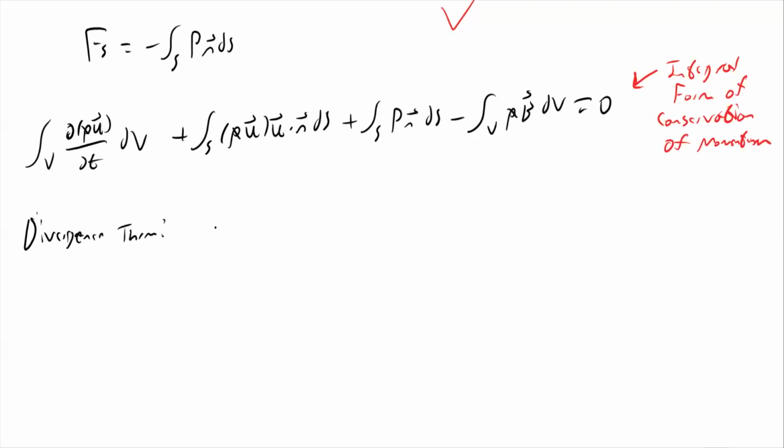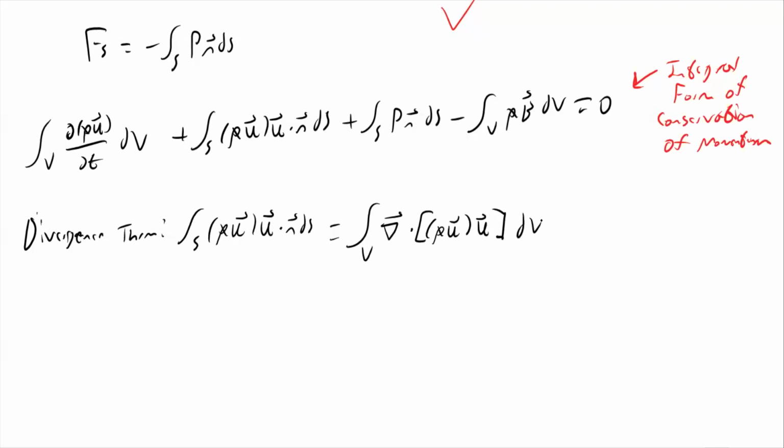So first, we will be able to write this as the volume integral of the divergence of rho u dV.